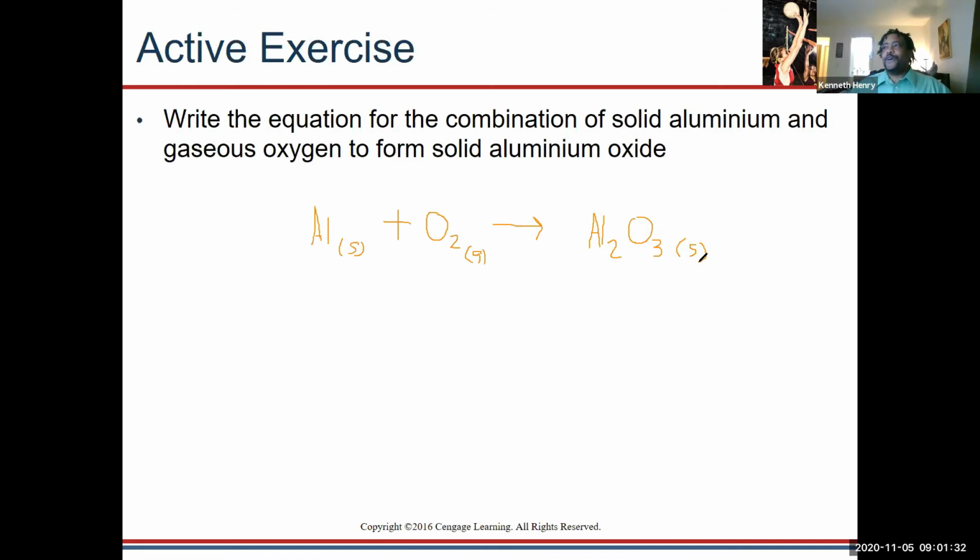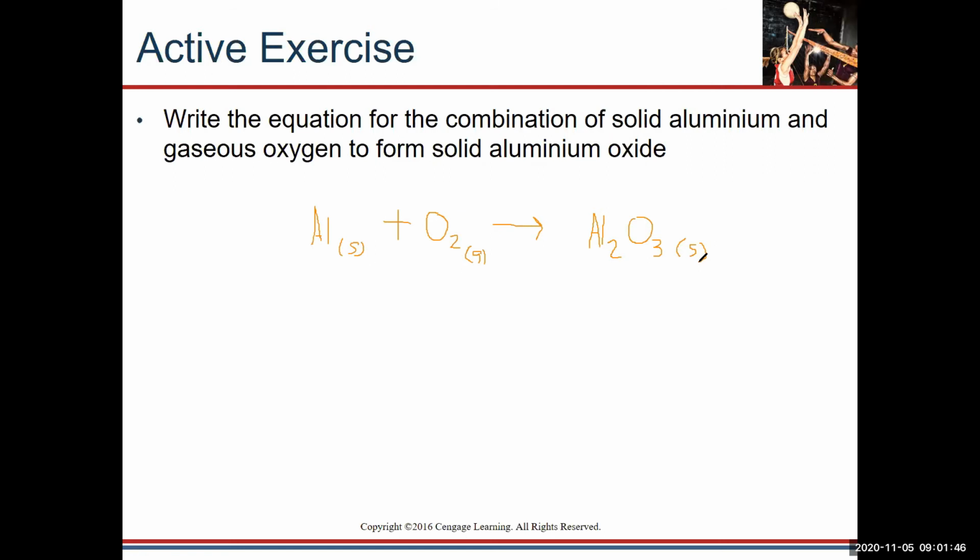Now that we have our chemical formulas, we get to balance it. So what are we going to do to balance it? Whitney, you going to help me out with this? You write down your aluminum and oxygen, and then on the reactant side, it's 1 aluminum and 2 oxygen.